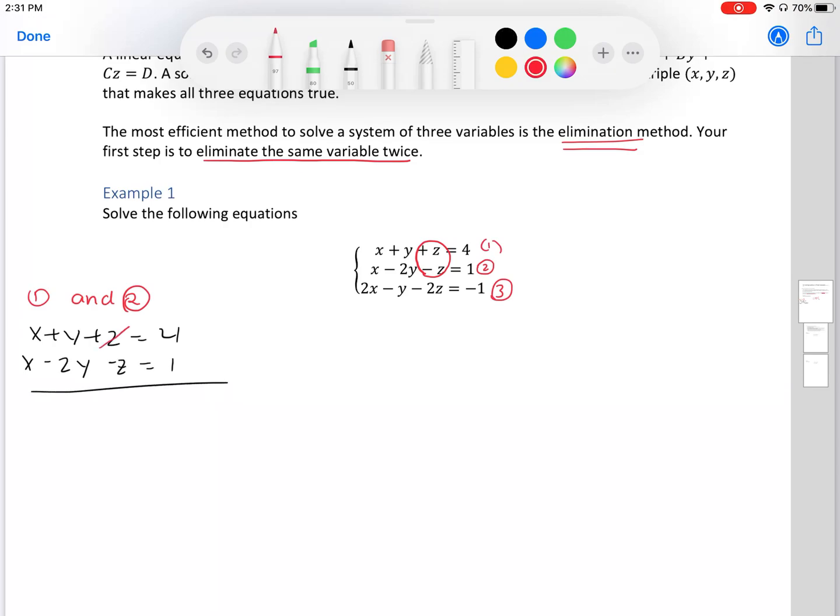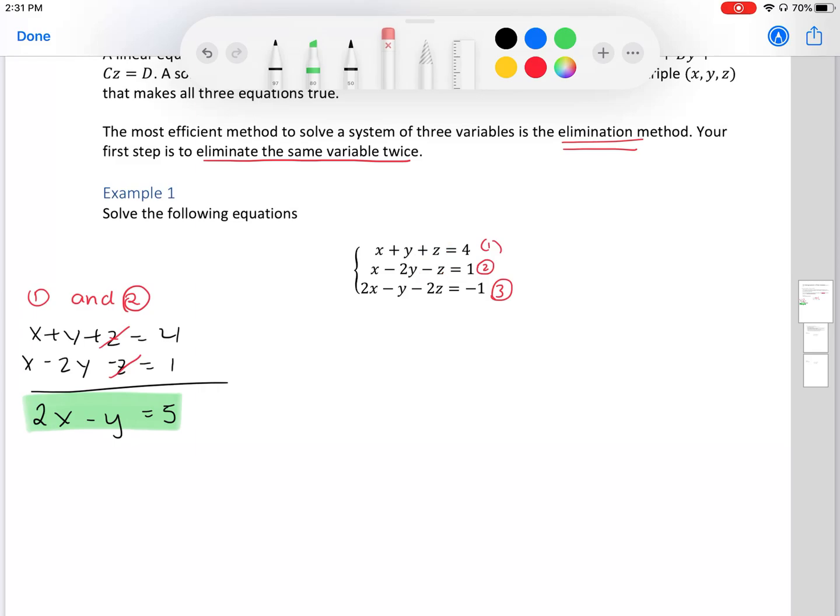We reach our goal of eliminating z. We're left with x plus x is 2x, y minus 2y is negative y, equals 4 plus 1, 5. This is our first equation. It's super important, but it's not our answer.